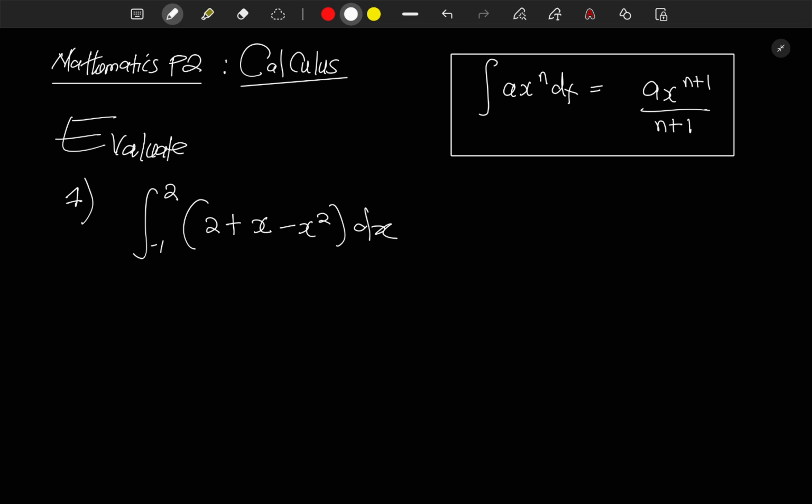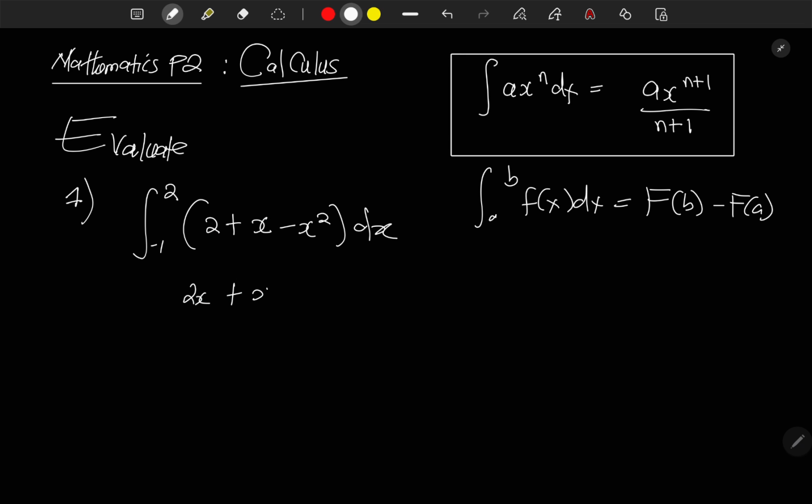This is what we call the fundamental theorem of calculus. If you've got the integral from a to b of f of x, the answer is F of b minus F of a. I'm using a small letter f here, and a capital letter F there, which is already the integrated function. Then you replace b. Integrating 2, I get 2x.